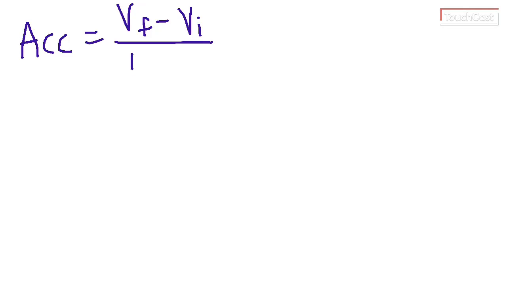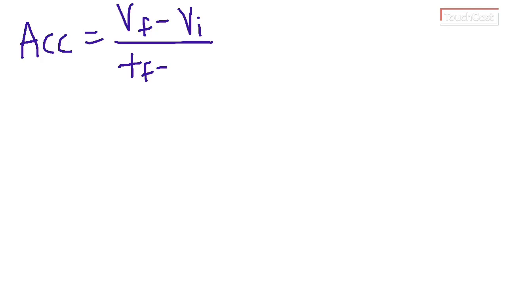So now we're going to move on to our last word, which was acceleration. So acceleration is the change in velocity of an object. So if an object is moving at a certain velocity, in order for it to accelerate, that would mean that it would have to speed up or slow down, resulting in a different velocity. Okay, so in this equation, acceleration is the change in velocity, which is Vf minus Vi, over the change in time again.